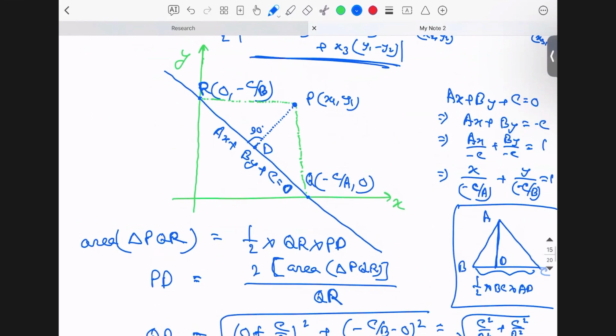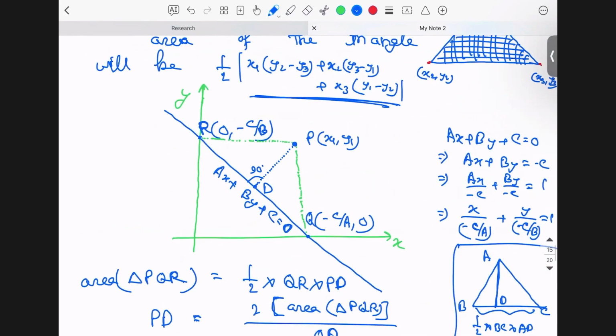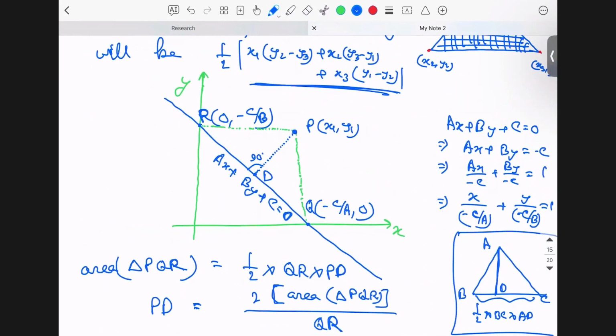What is y2? Suppose our x2, y2 is this, and x3, y3 is this one.